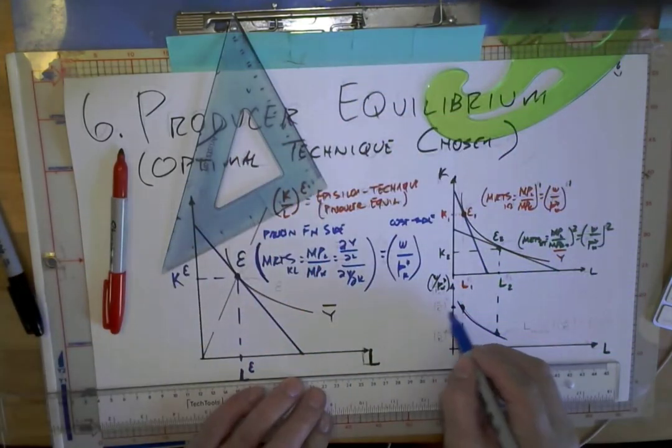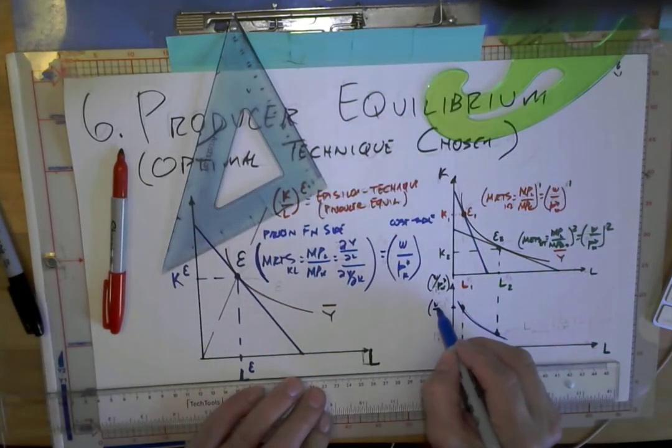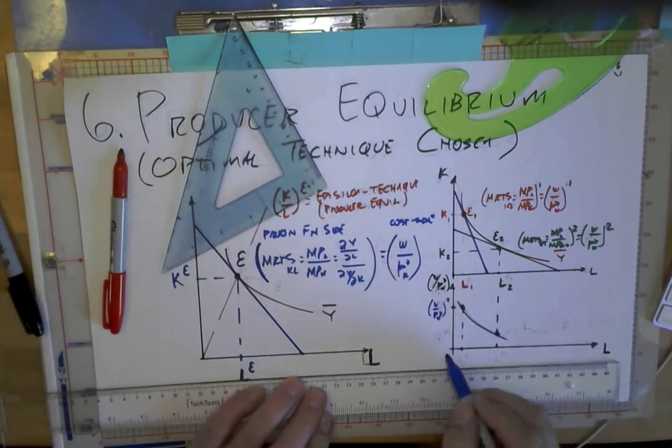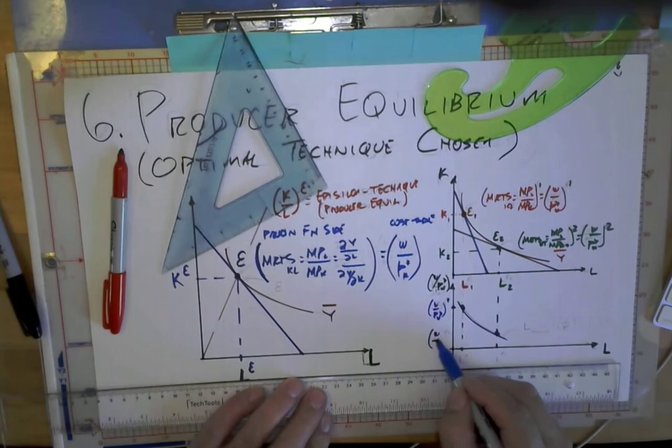This is the higher wage rate, W over PK star 1, and this is the lower wage rate, W over PK star 2.